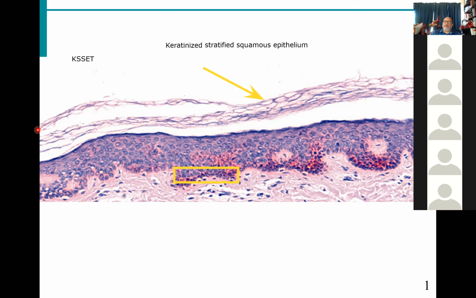No. Remember, one of the things we talked about is that there are artifacts that occur sometimes when we are processing tissue. Let's take it out of the slide and go into real life. You've got tomorrow off, so you're going to sit out in your backyard, laying naked on a towel, reading your textbook.